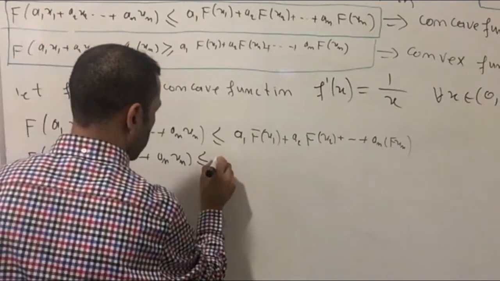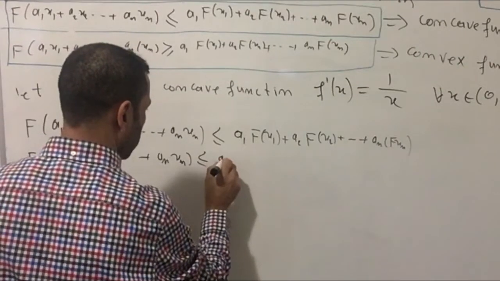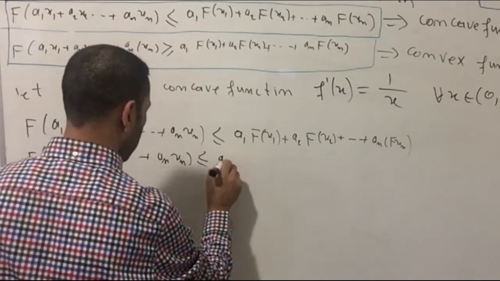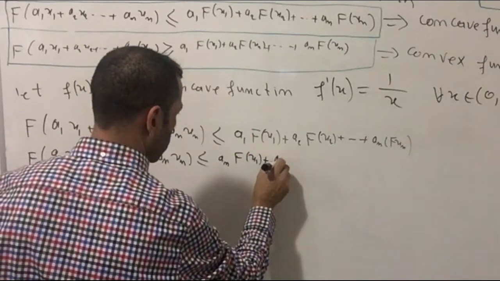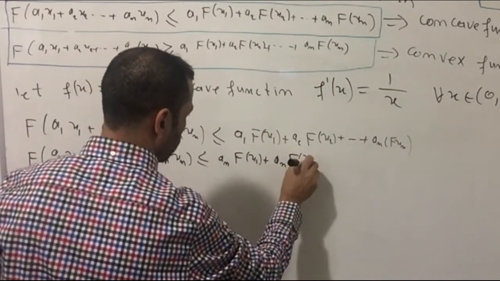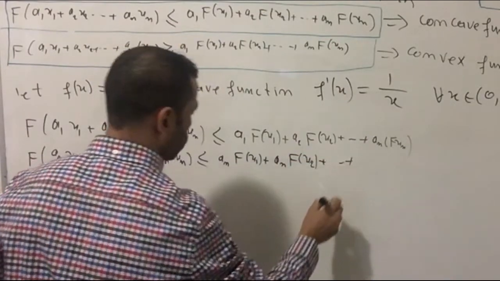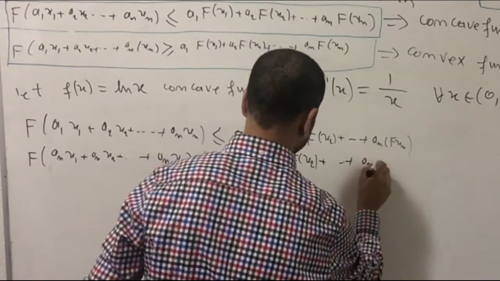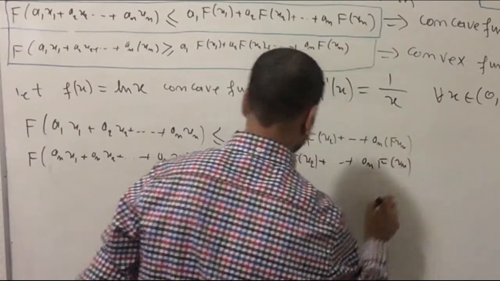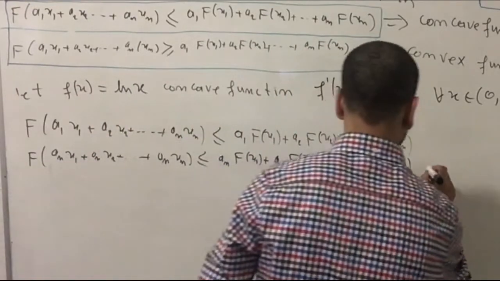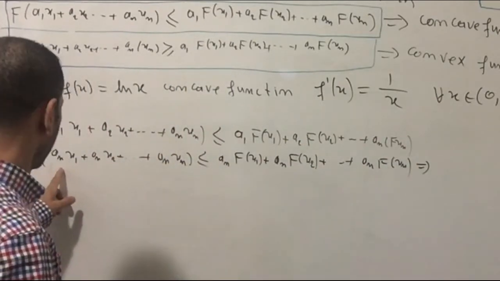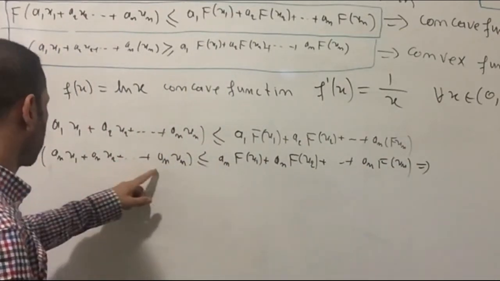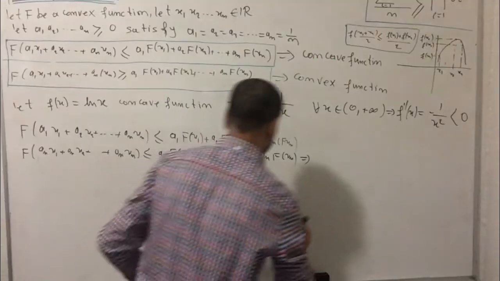inferior or equal to a sub 1, replacing a sub 1 with a sub n, f of x1 plus a sub n f of x2 and so on until the last term a sub n f of xn. As you see here, I'm going to put a sub n as a multiplier.